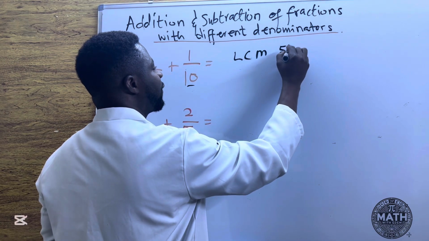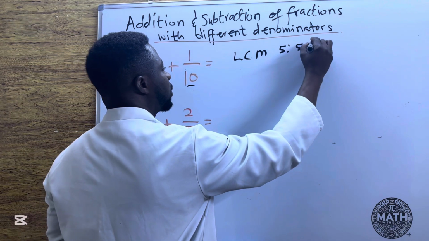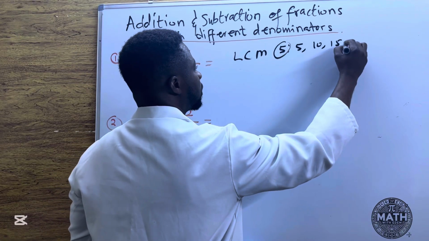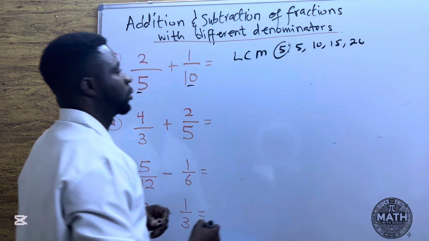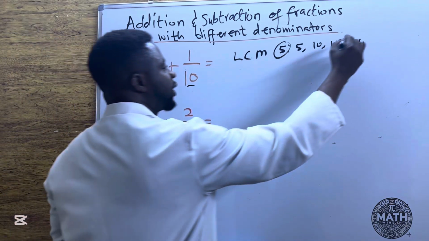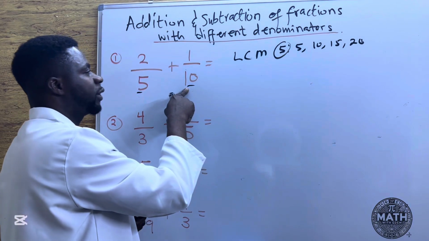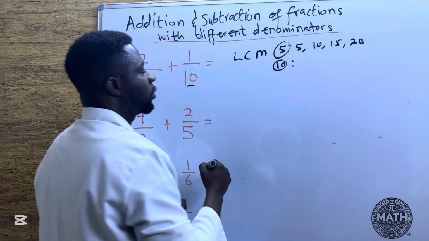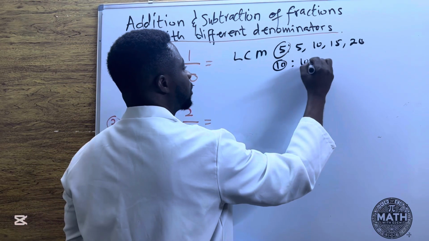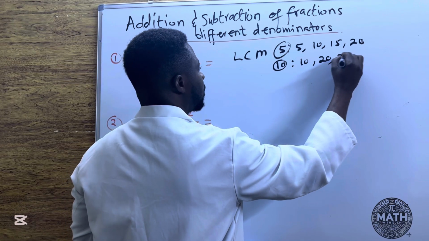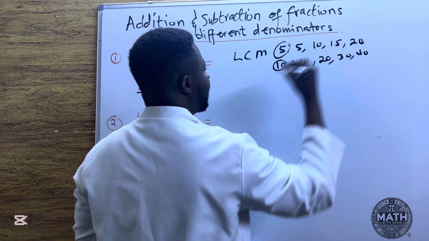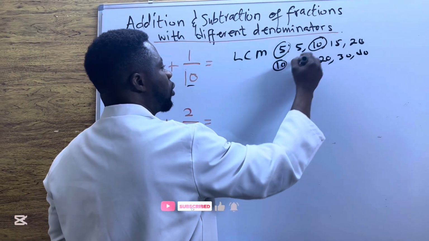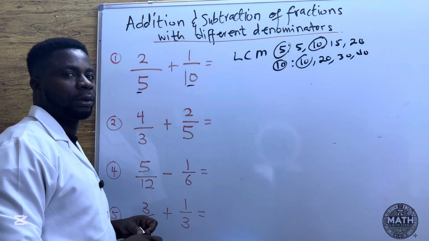The multiples of 5 are 5, 10, 15, 20. Okay, we are going to stop here. Now let's look at the multiples of 10. So multiples of 10, we have 10, 20, 30, 40. So you realize that the lowest common multiple here is 10.